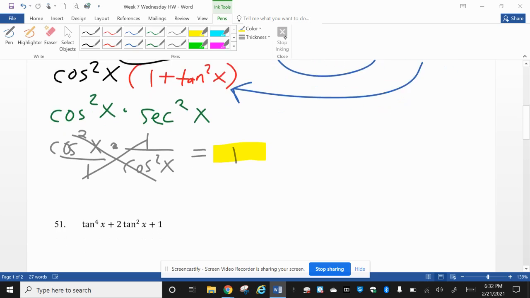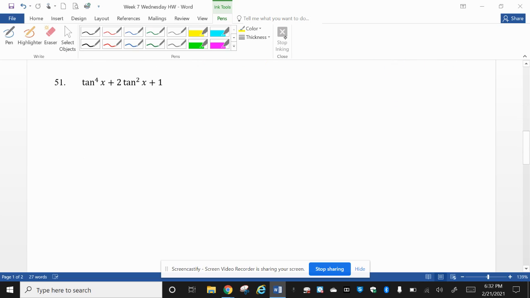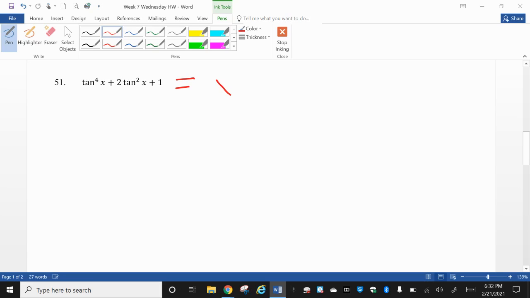All right, taking a look at 51. We have tangent to the fourth of x plus 2 tangent squared of x plus 1. So we can FOIL, well, reverse FOIL, right? So we want to figure out what two quantities that'll be equal to. If it helps, think of it as being roughly equivalent to x to the fourth plus 2x plus 1, and we want to break it up into two quantities.